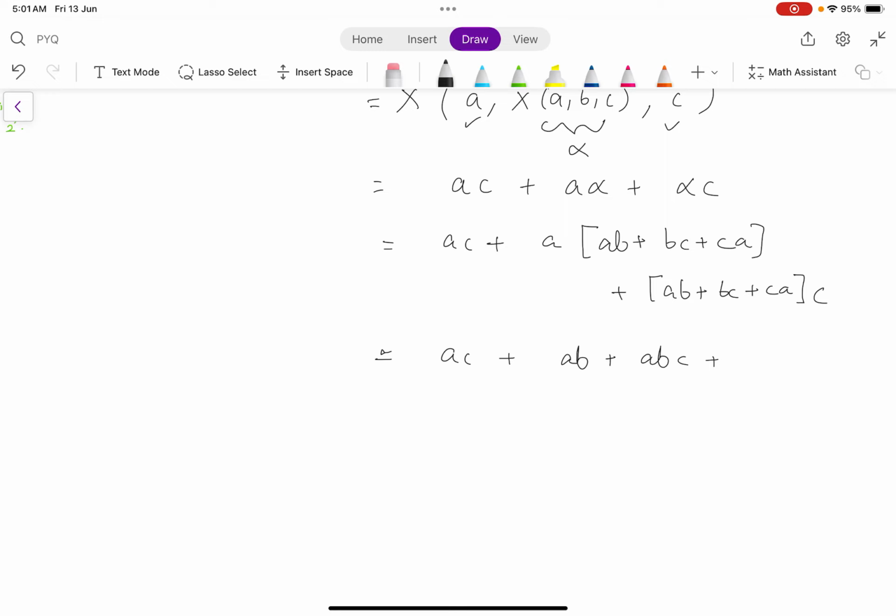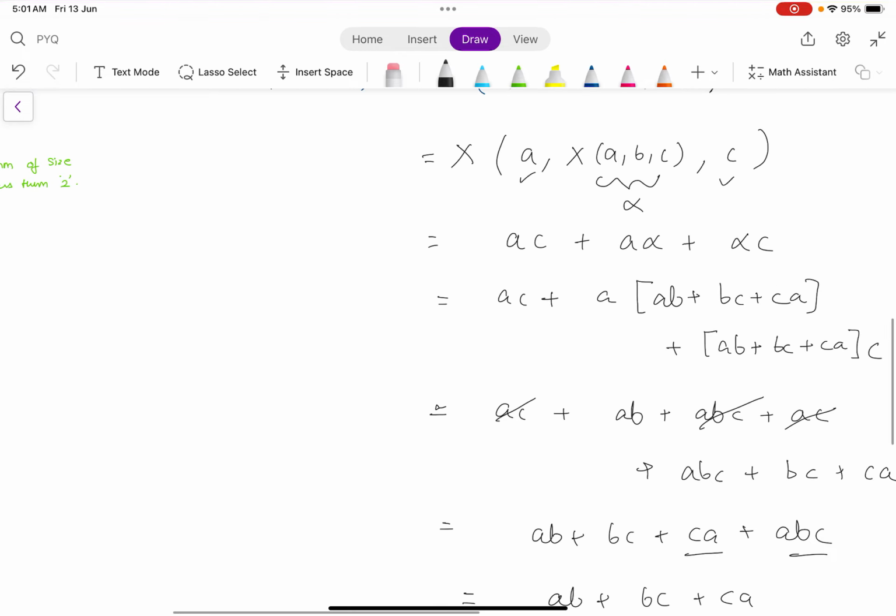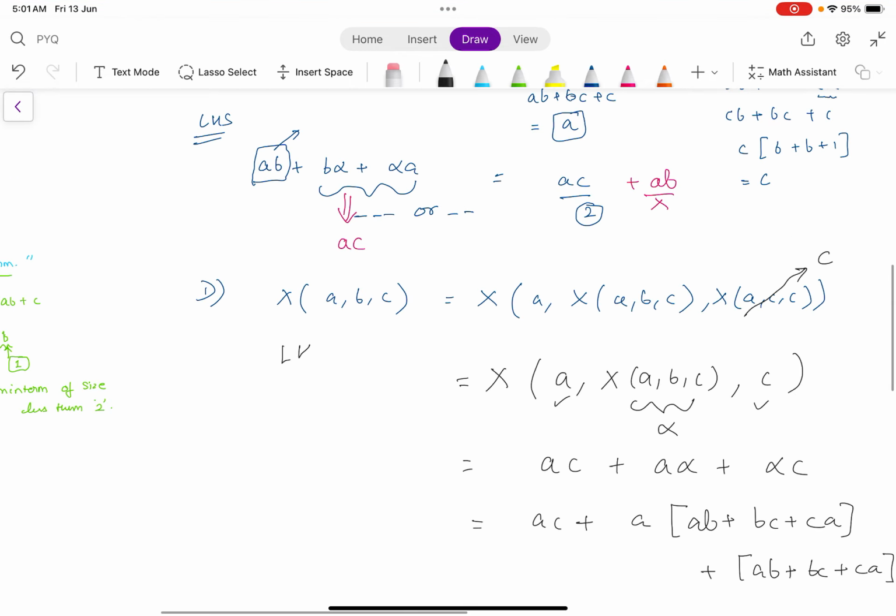I know you are getting the answer that it comes out to be ABC, but for surety I will write the entire expression. So ABC, one gets cancelled out, AC, one gets cancelled out, and we get AB, BC, CA with ABC, which is further reduced to AB, BC, CA, which is equal to the LHS. So your option D is also correct.